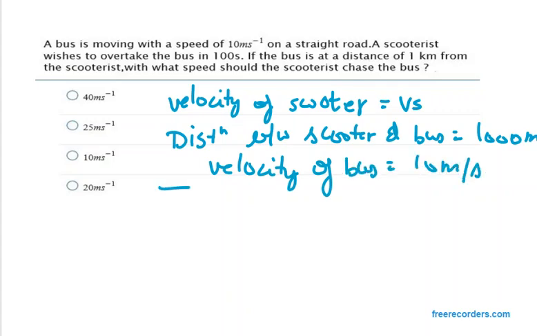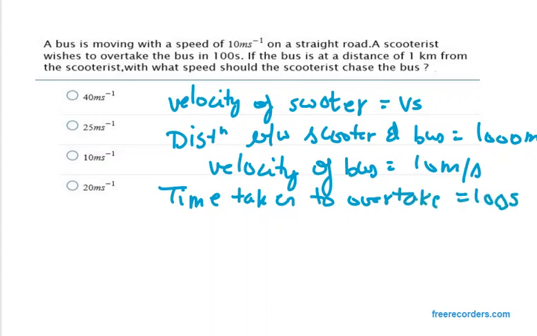The second quantity is the time taken to overtake, which is 100 seconds. And now the relative velocity of the scooter with respect to the bus will be Vs minus 10.